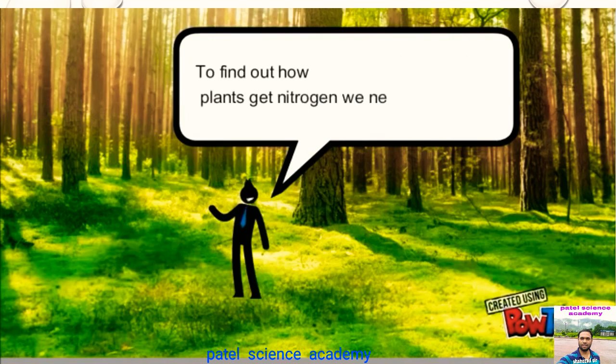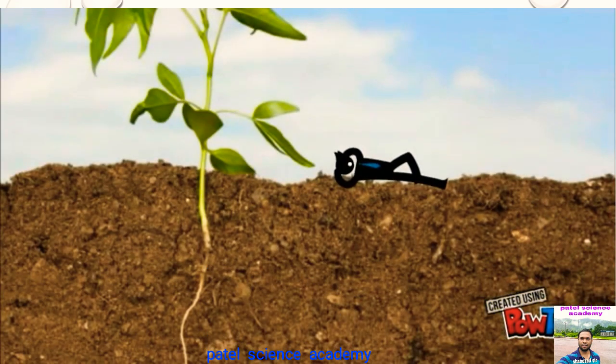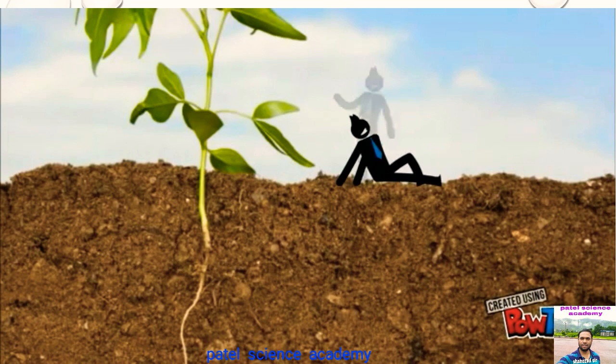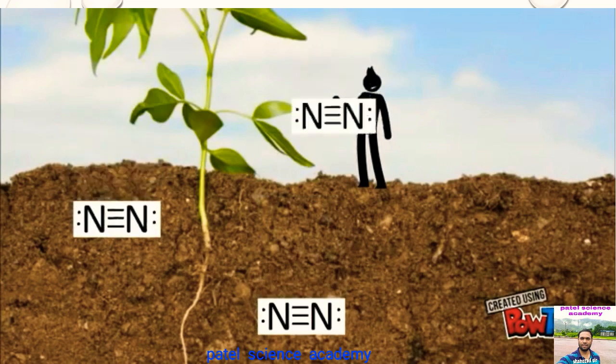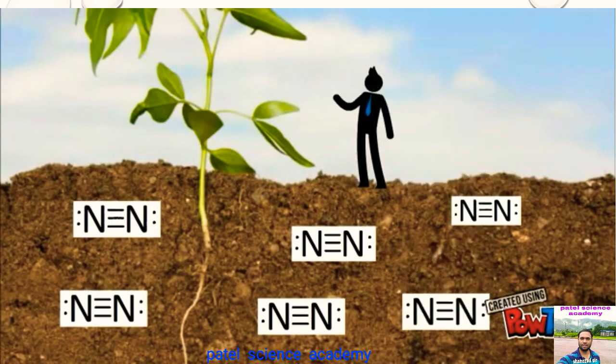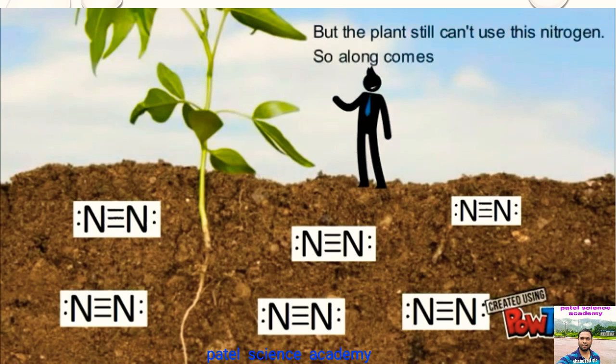To find out how plants get nitrogen, we need to go underground. Nitrogen from the air diffuses into the soil, but the plants still cannot use this nitrogen.